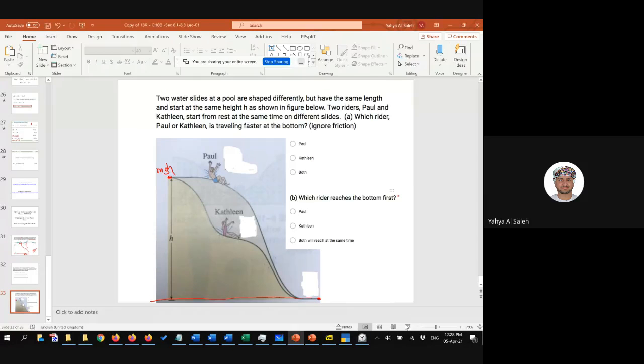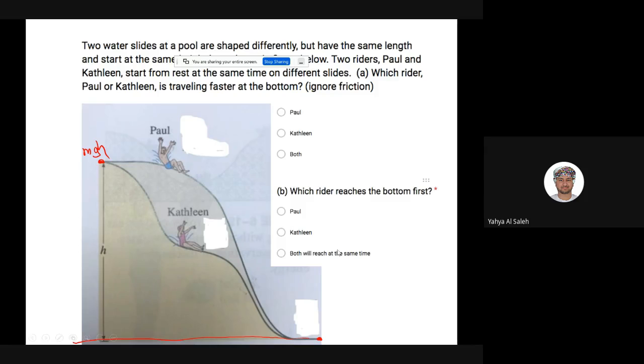Okay, so I said most people got at least one of the two questions right. We'll do it together to discuss the thought process behind it. Just like the airplane, both Paul and Kathleen start at the same height, at the same point. So they both start with an energy of mgh.